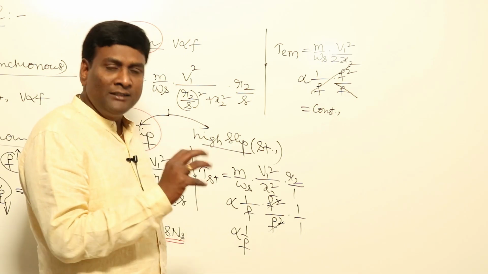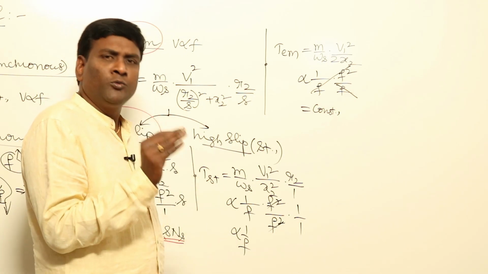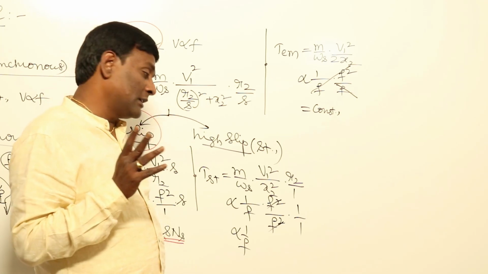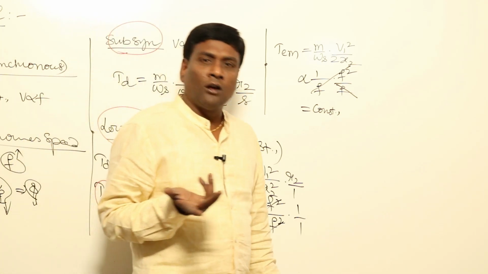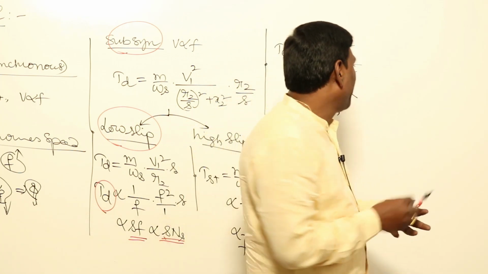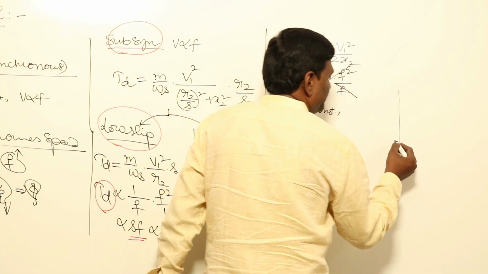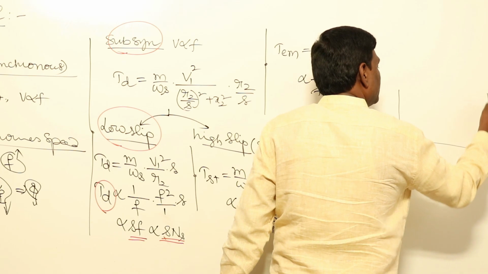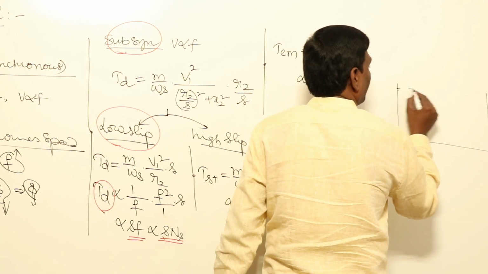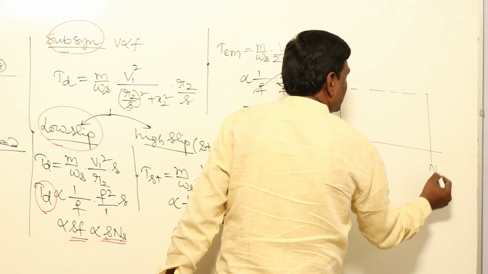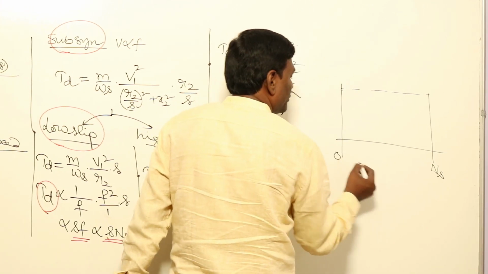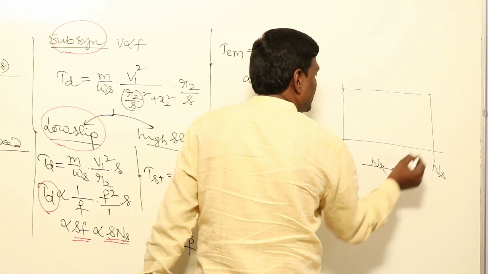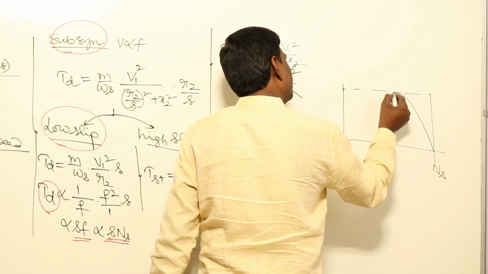So let us combine these conclusions and draw the characteristics once: the torque-slip or torque-speed characteristics. This is NS, this is 0 speed, this is NR.